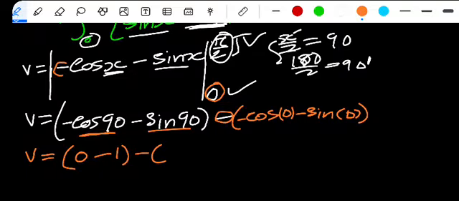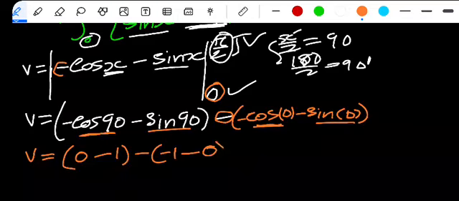Now we have the negative cosine of 0, which will simply be negative 1. We have -1 there, minus sine 0. What will be sine of 0? It is simply 0.